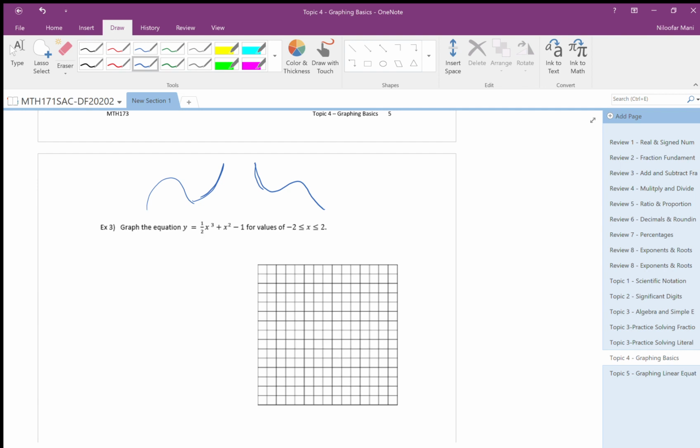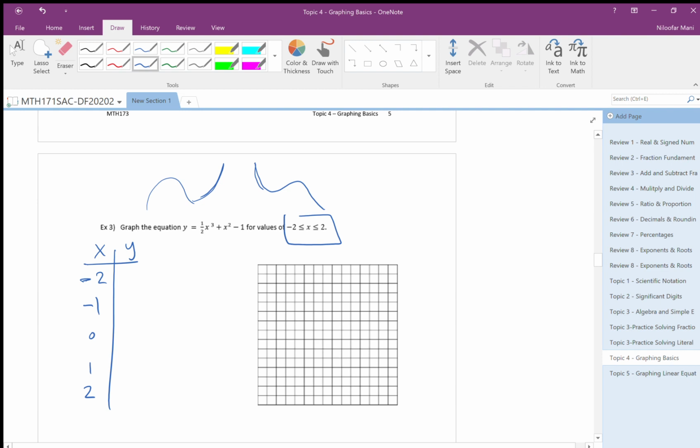But for now I don't have a lot of information. I don't know calculus, so I don't know how to find much information about the graph and function. I have to have from where to where, so I need values for x. So again I use a table of values. I put values for x: -2, -1, 0, 1, and 2, and then I find those values.